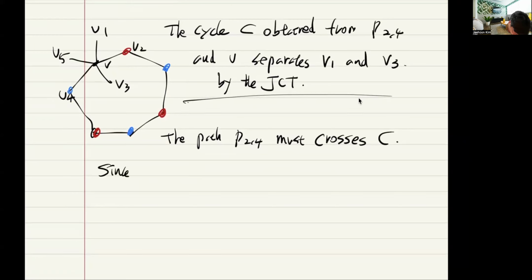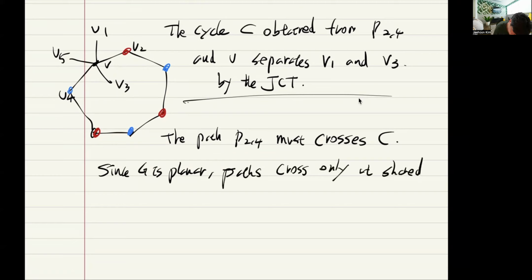But what do we know? Since G is planar, the paths cross only at common vertices, shared vertices.